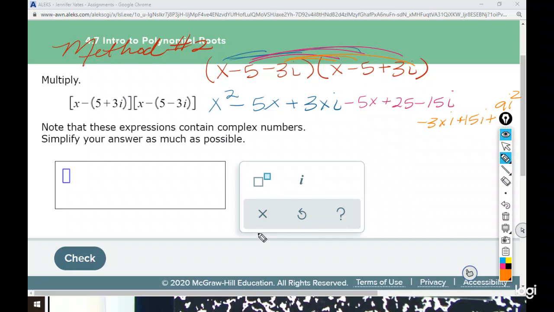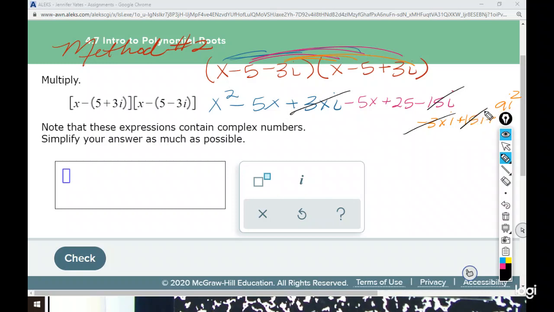How did I know I made a mistake? What did I already tell you guys? It's going to clean up pretty, and I ended up with some i's that weren't canceling out. So thank you for helping me figure out where I missed my sign. So now I can go through here. Those cancel. Those cancel. Is that the i squared again?